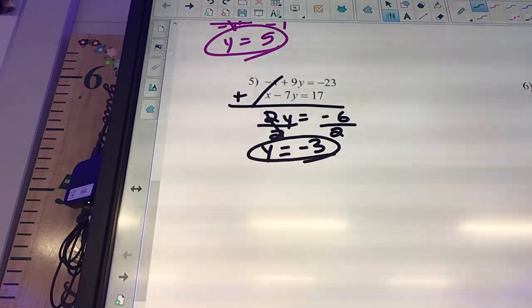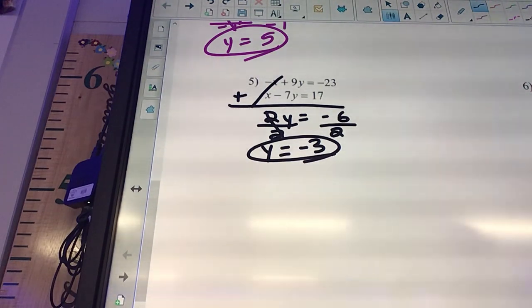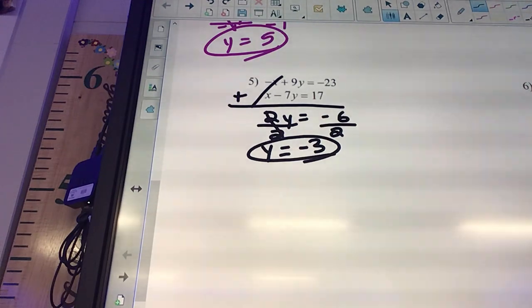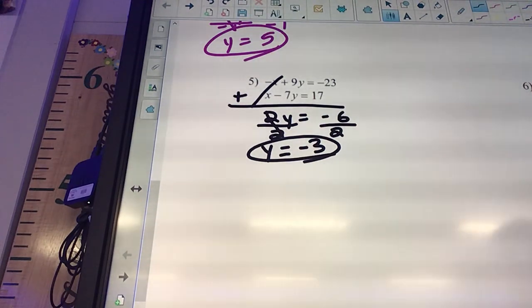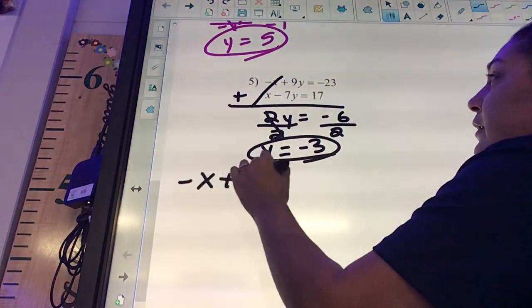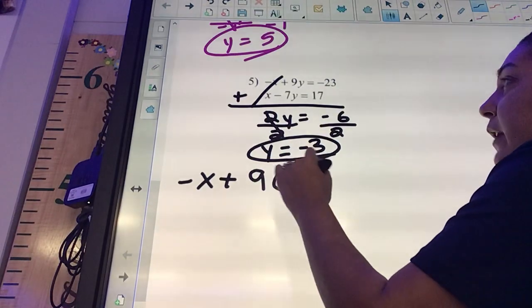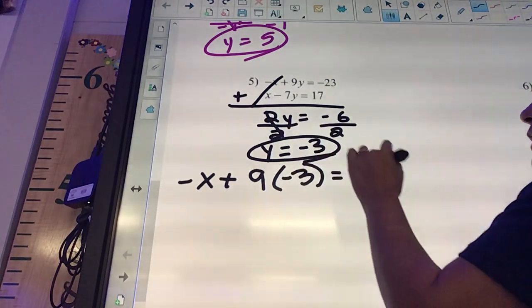Okay, now what? We have to choose one of the equations. Which one do you want to use? First one. Okay, so I got -x plus 9, and instead of y, what am I putting? -3 equals -23.